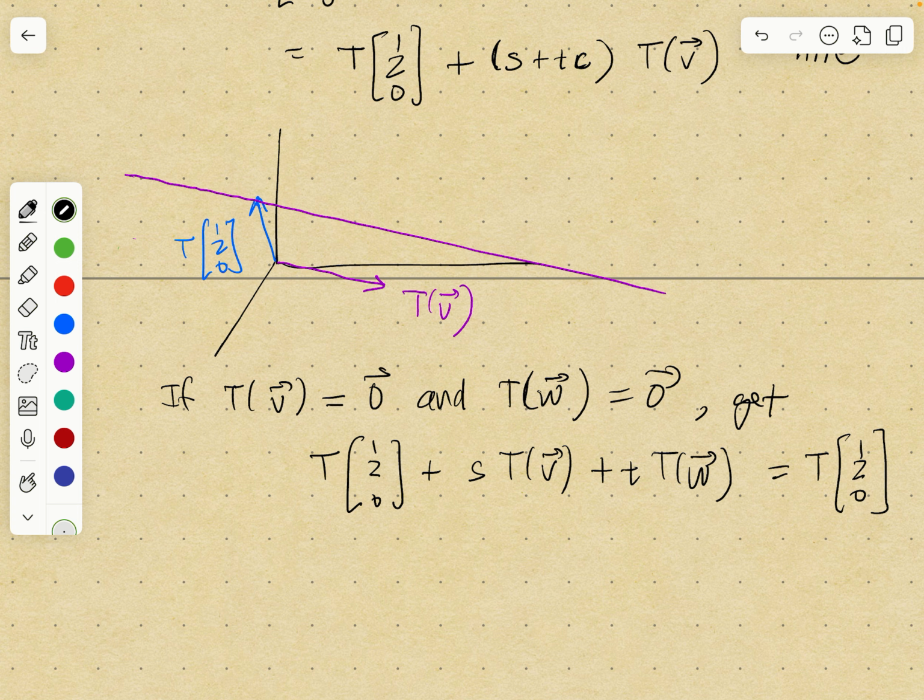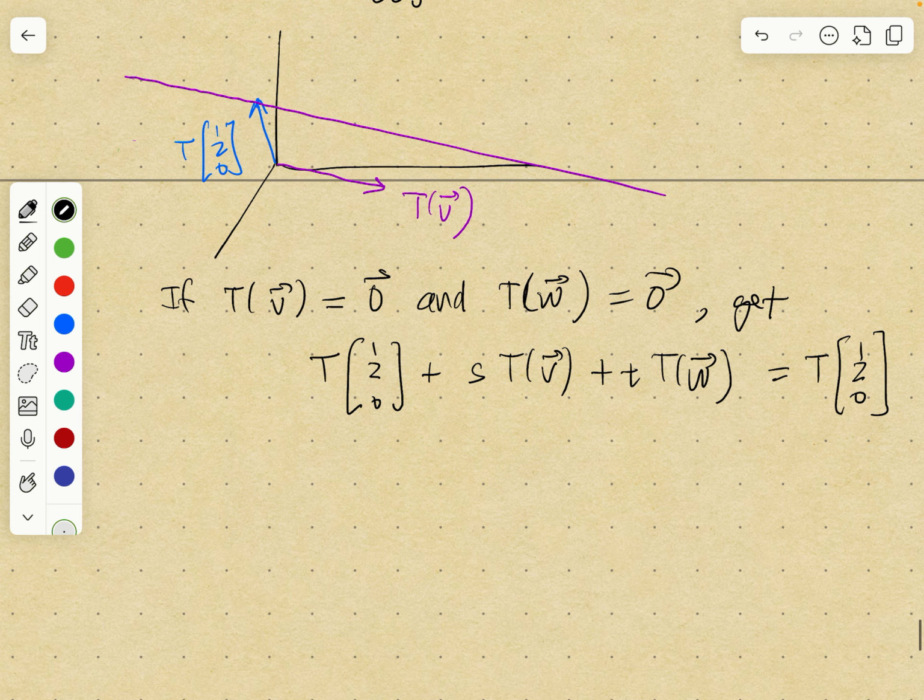And so when I plug in all the vectors on the plane, I'm just going to get a single vector, T of 1, 2, 0.